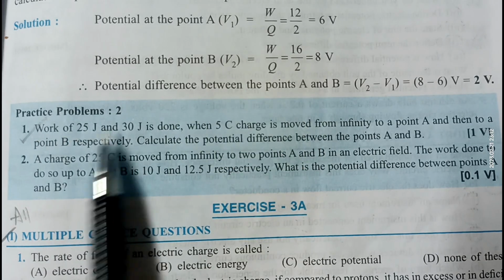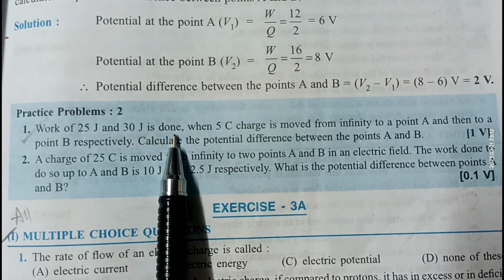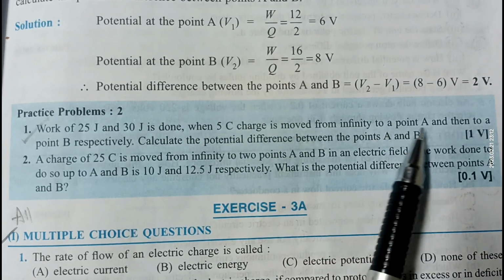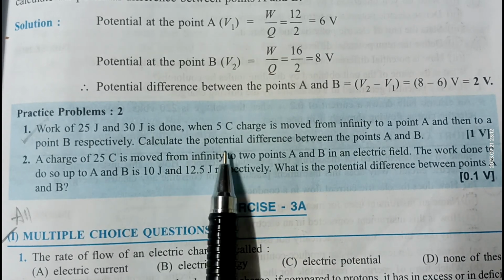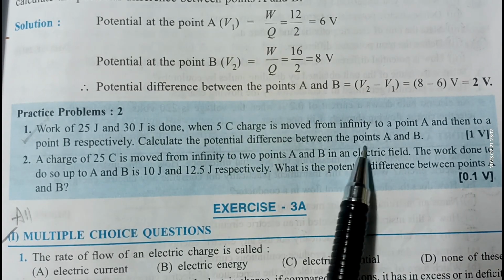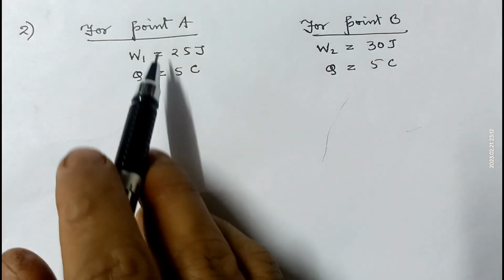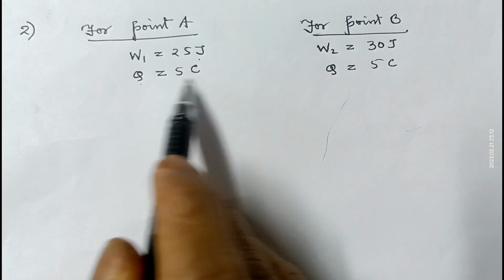In practice problem 2, question number 1 is: work of 25 joule and 30 joule is done when 5 coulomb of charge is moved from infinity to a point A and then to a point B respectively. Calculate the potential difference between the points A and B. Now for point A, work done is 25 joule and charge is 5 coulomb.